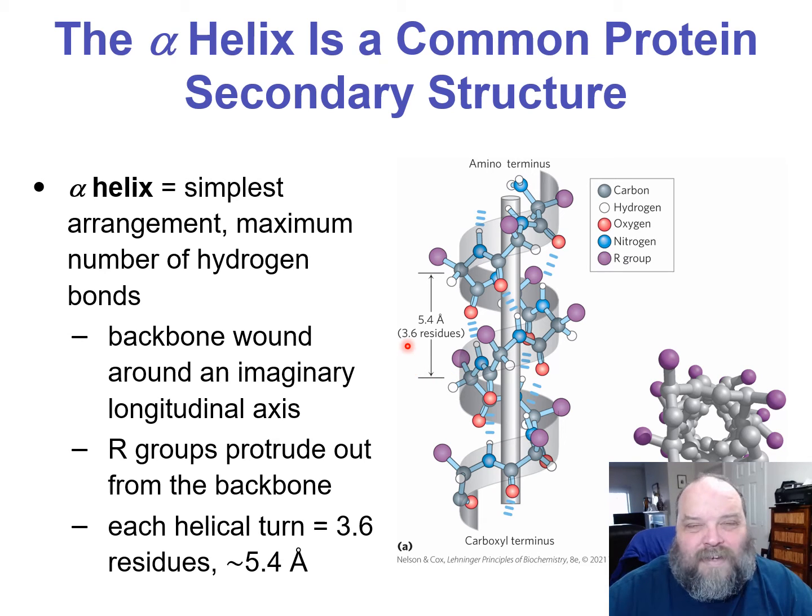Basically, it's 3.6 residues. I could give you a relative length of an alpha helix and ask how many turns it has, but we're not going to worry about that type of stuff.